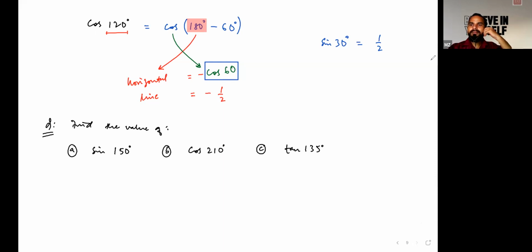Good, Nida. Yusuf, check the polarity. Mohammad Umar, check the polarity. Means sign of that particular number. Yes. Good, Yusuf.